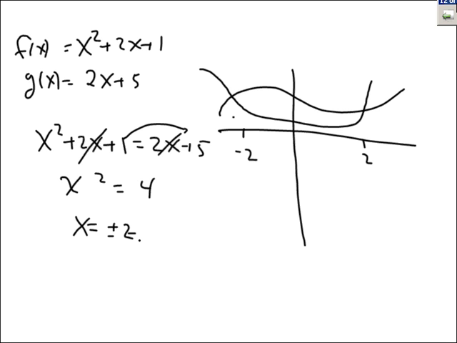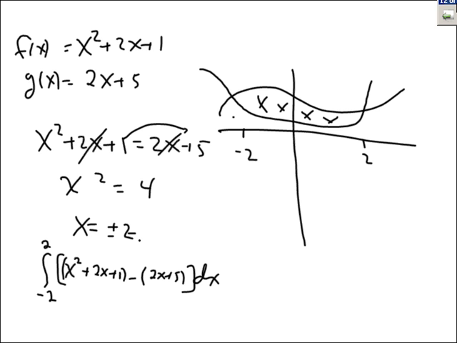So we want to find this area. It turns out that one function is always on top of the other. Which one it is, I don't know, and it doesn't matter. What we're going to do is integrate from negative 2 to 2 of one function minus the other function, and just in case I wrote it backwards, I'll take the absolute value.